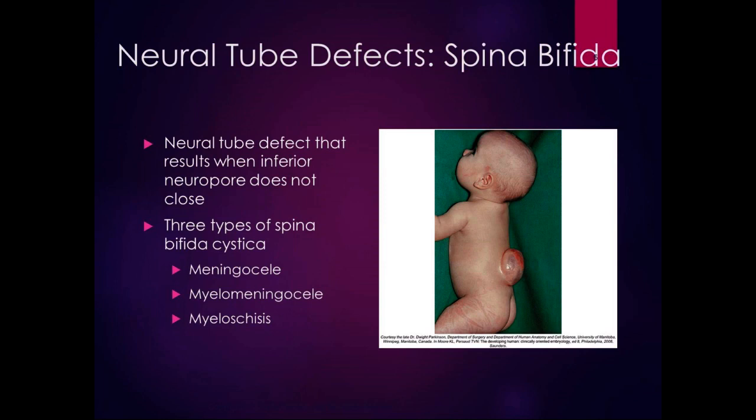A meningocele a lot of times can be very little effect. The myelomeningocele affects the muscle layer, and myeloschisis, there's actually an opening in the spinal cord. So one of the assignments for this week is having to do with spina bifida and researching some of the effects on that.